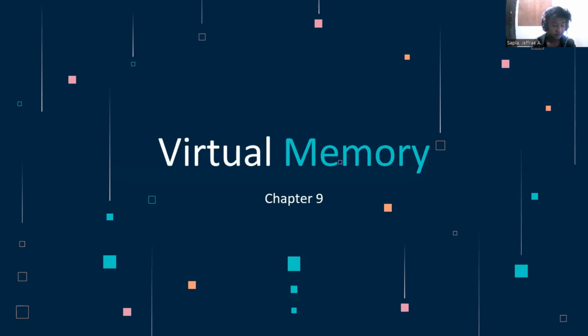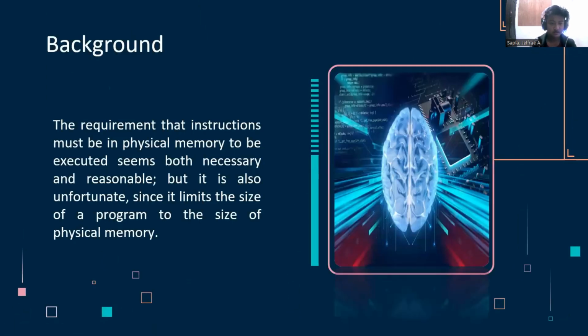Dynamic loading can help to ease this restriction, but generally requires special precautions and extra work by the programmer. The requirement that instructions must be in physical memory to be executed seems both necessary and reasonable, but it is also unfortunate since it limits the size of a program to the size of the physical memory.